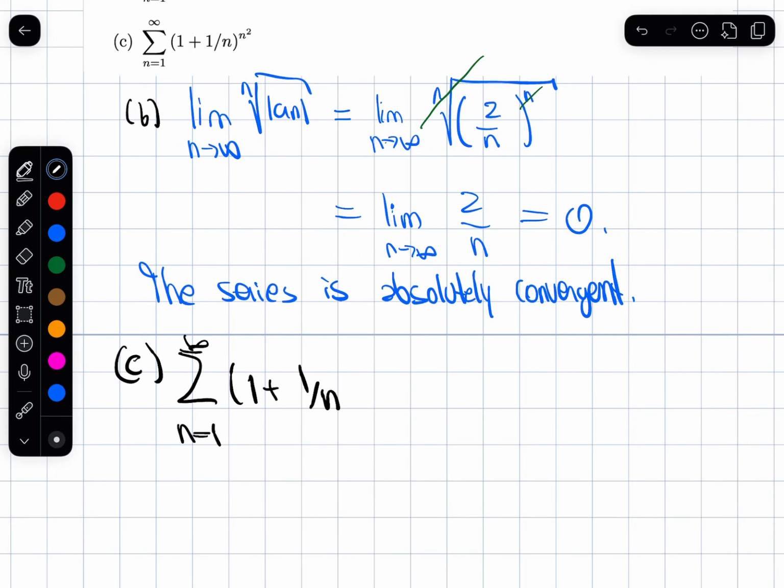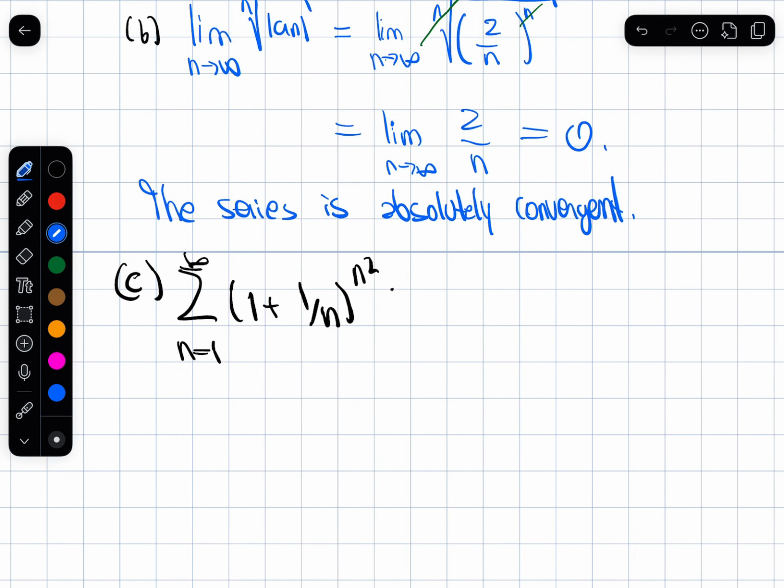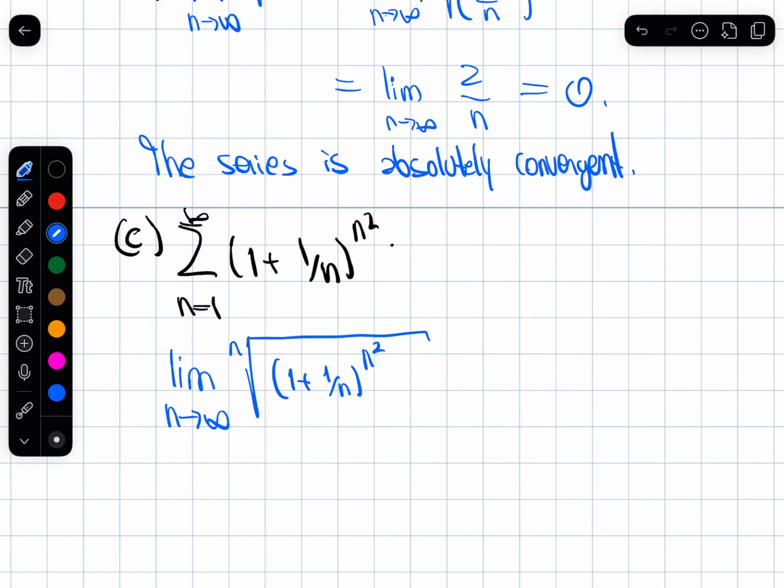And the last example that I'll do today is C up there. 1 plus 1 over n squared. And this is another one that sort of relies on this. You see this n squared. This is a bad power to handle this limit with. If you take the nth root of this, you'd like to cancel it, right?